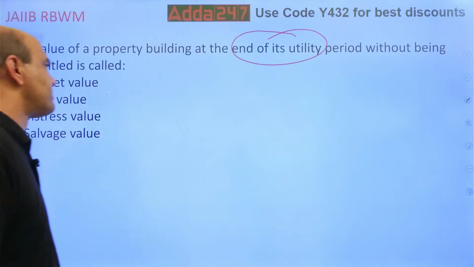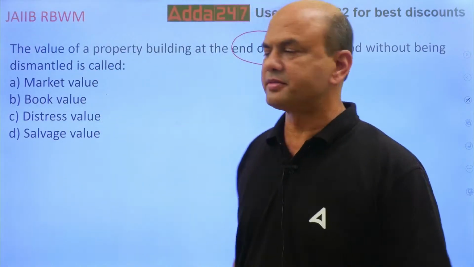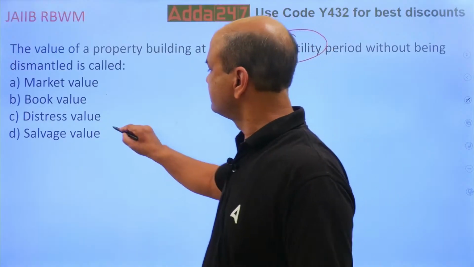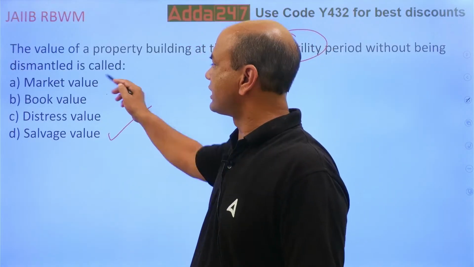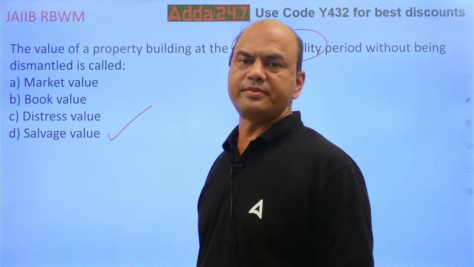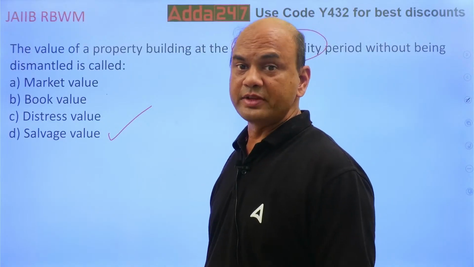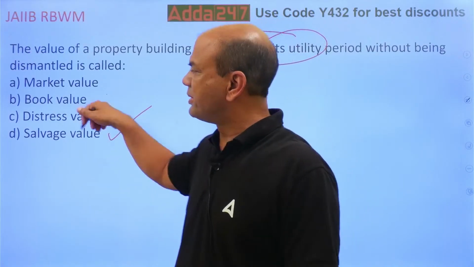Let me see in the comment section. The answer is salvage. Market, book, distress, salvage. Salvage value. Okay? What are the remaining three?